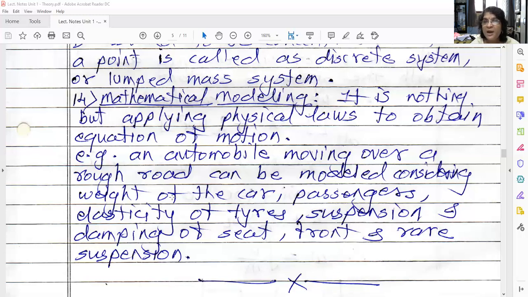Those parts we have to combine together either in series or in parallel, and by combining all these parts you develop a mathematical equation to determine the natural frequency of this automobile. That is known as mathematical modeling. So what is mathematical modeling? You have to obtain the equation of motion by using certain laws, so that you can analyze that system and determine the natural frequency of the system.